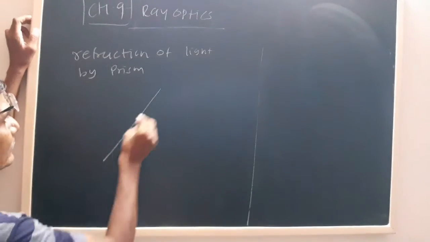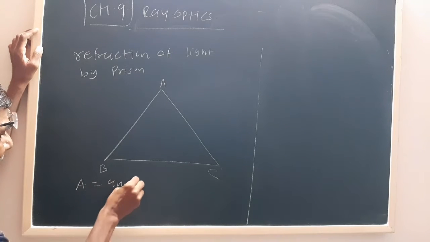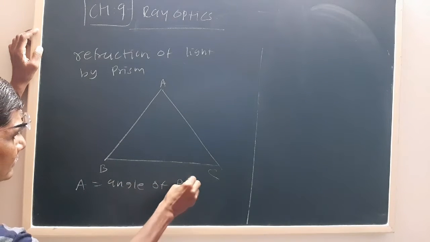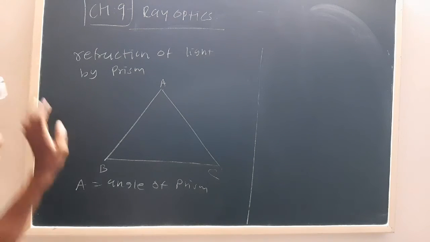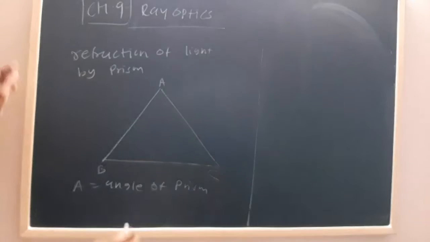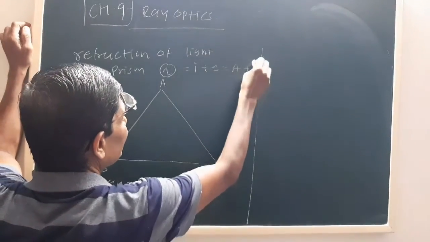In that, this A is called the angle of prism. Now see the first formula. The question is divided into two parts. First part, we have to prove I plus E is equal to A plus delta or D.